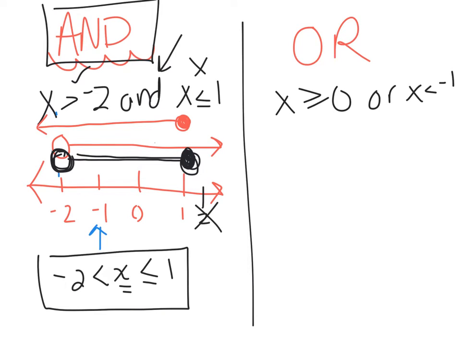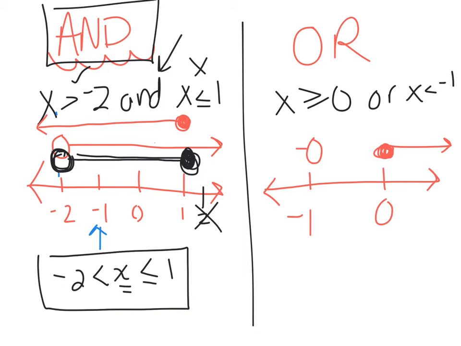"Or" is saying that you can be one or the other. So my numbers could be greater than or equal to 0. That's this graph. They could also be less than -1. So the number -2 would be a solution because it only has to satisfy one inequality, which -2 does.